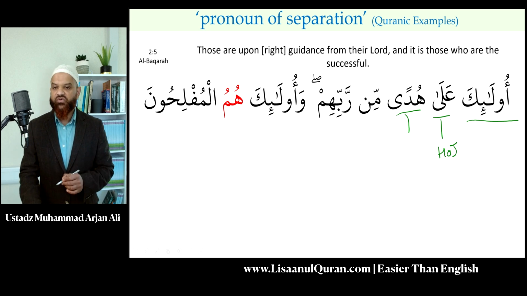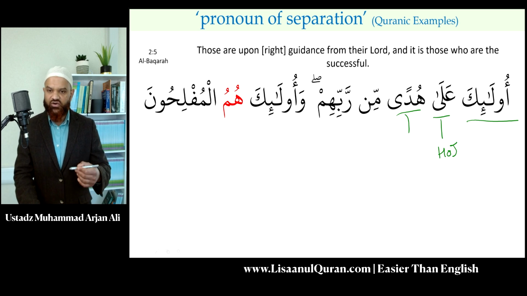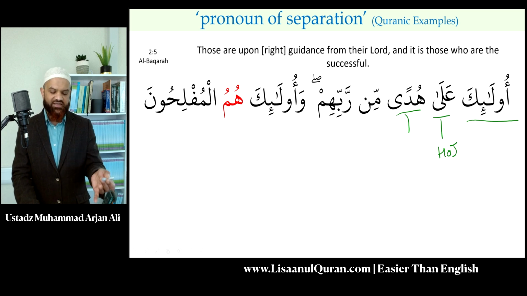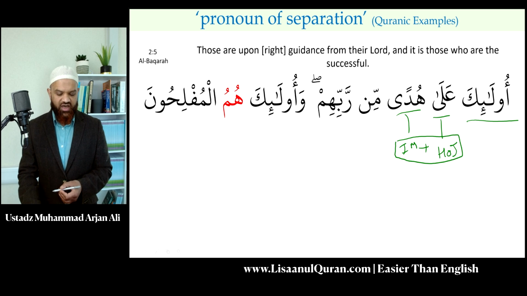But hudan is a type of word that does not change its ending. So there's no kasra there or anything to indicate jar. It is as it is. So ala hudan is your murakkab jari, which you can absolutely recognize. So I'll call this one ism majroor. So those two parts together make your murakkab jari. I hope you can see that easily, inshallah. Next we have min. Min is also a harf of jar.